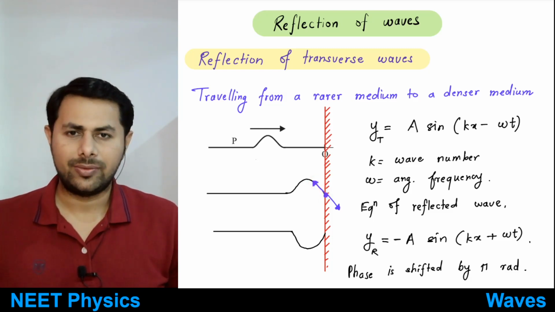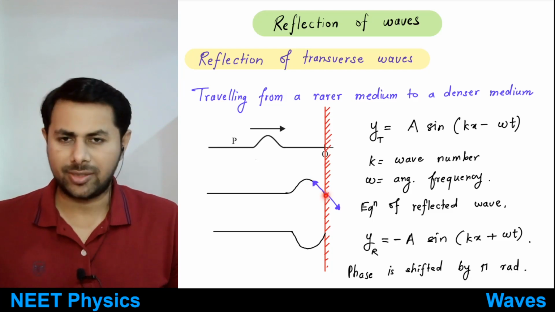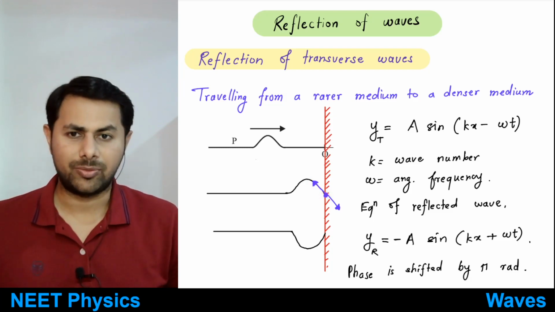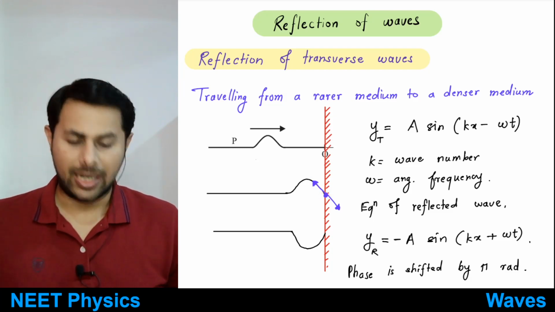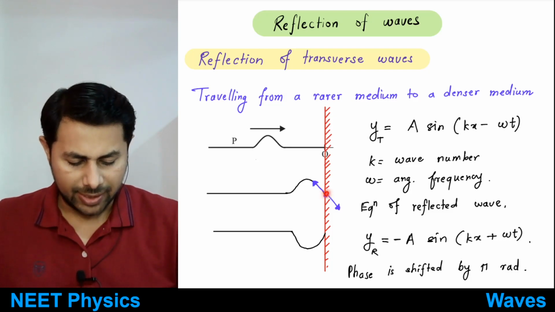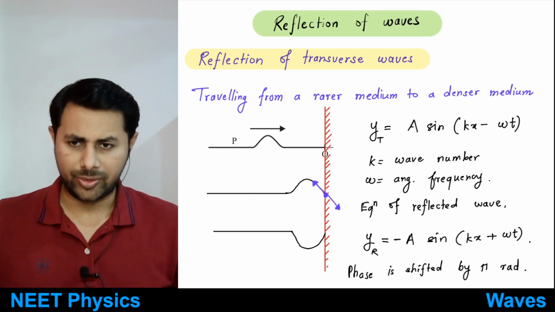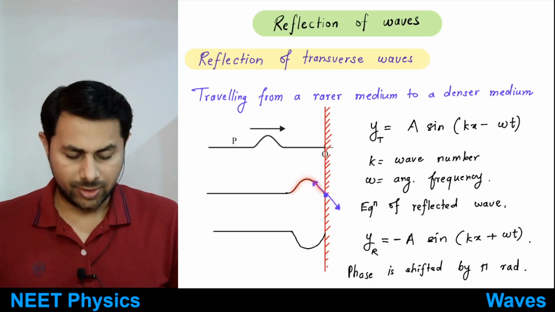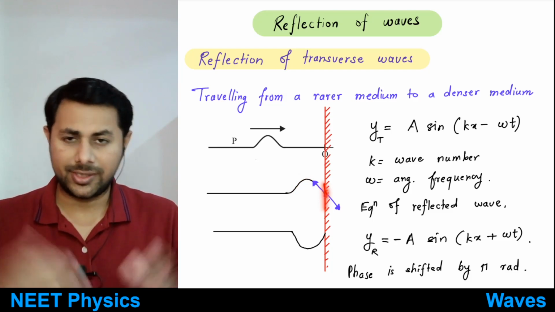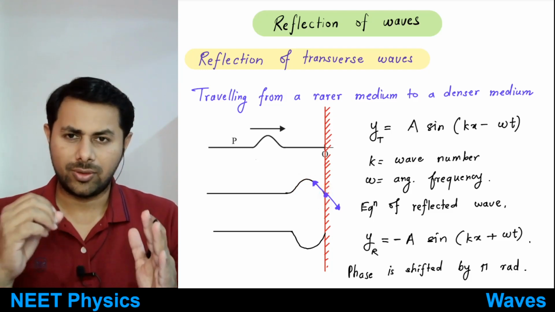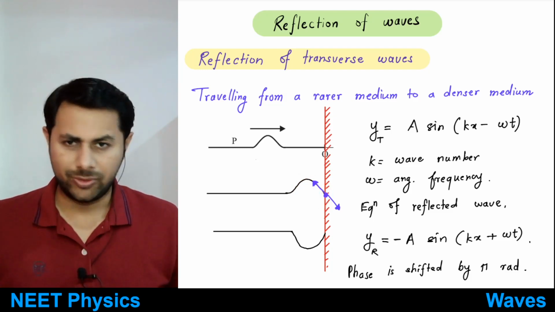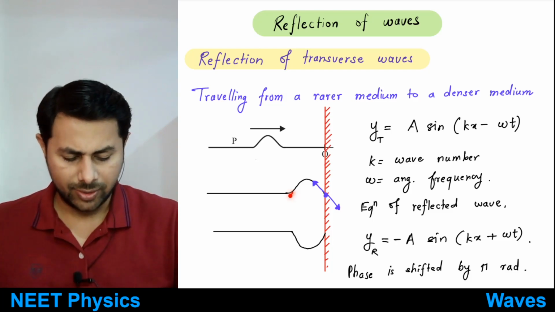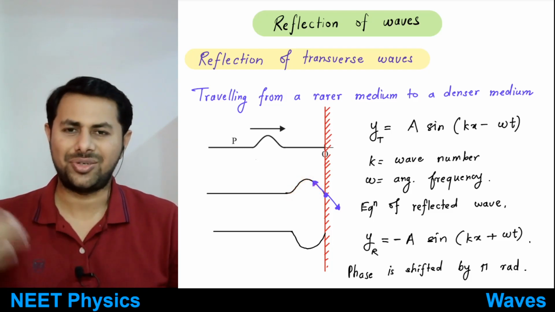Now what will happen? The particles of the denser medium will also exert equal and opposite force on the rope. Now the rope is rarer, and the wall is rigid. So the particles of the wall don't move, but what happens to the rope itself?